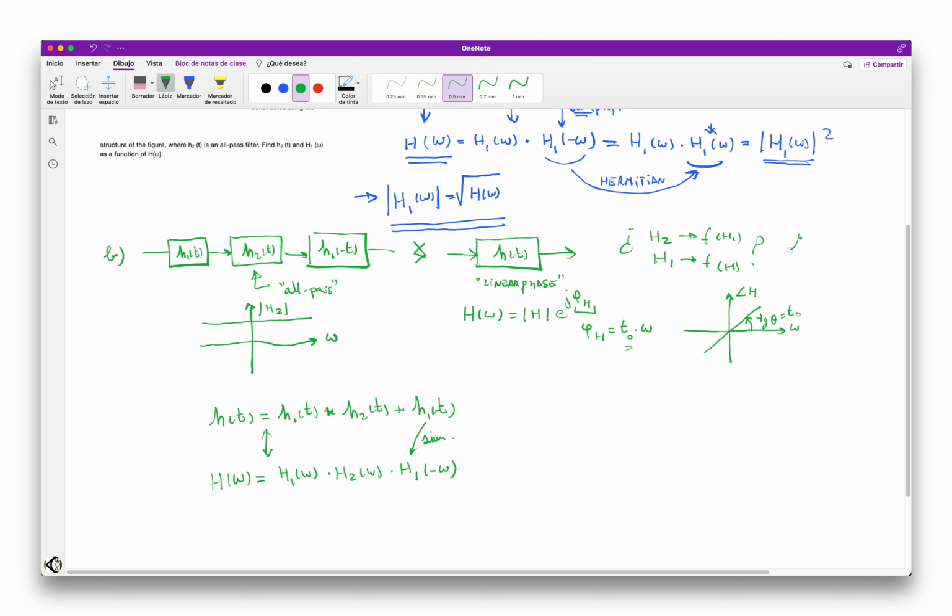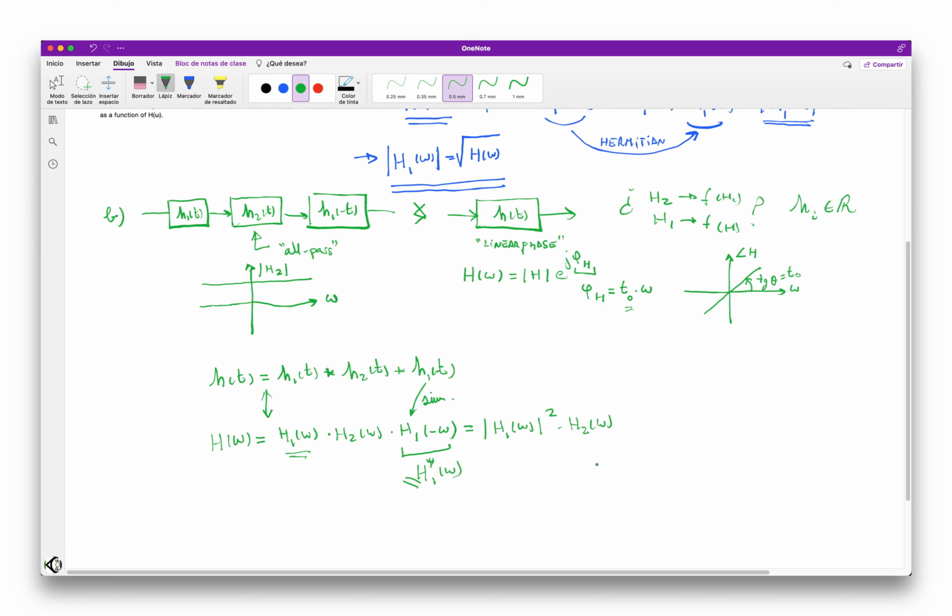Again, in this system they tell us that all the impulse responses are real, and this is what we are going to use now to convert this thing, because it's real. This is Hermitian, which means that this is the conjugate of H1 of omega, so that multiplying H1 of omega with the conjugate of H1 of omega, we will get a term which is the modulus of H1 of omega squared times H2 of omega.